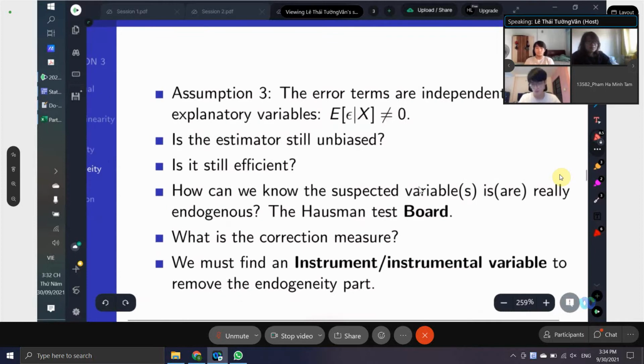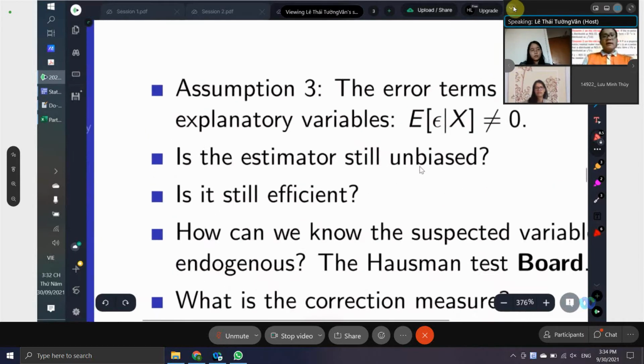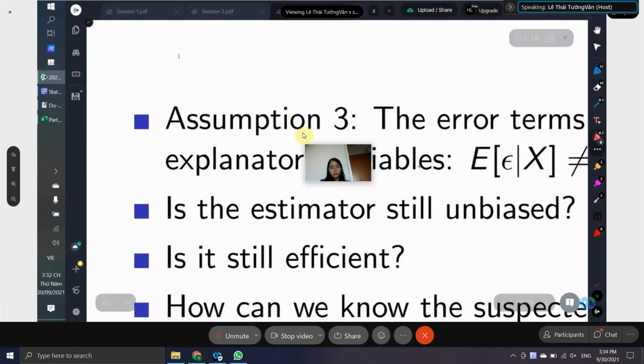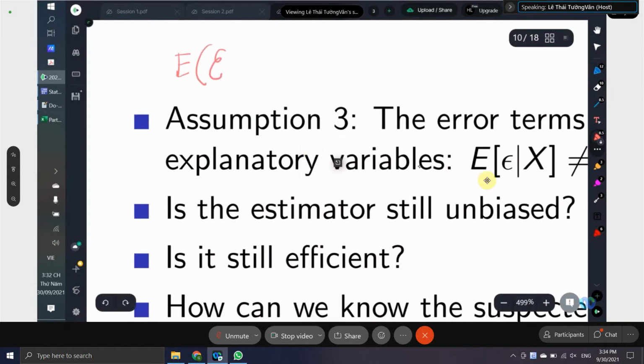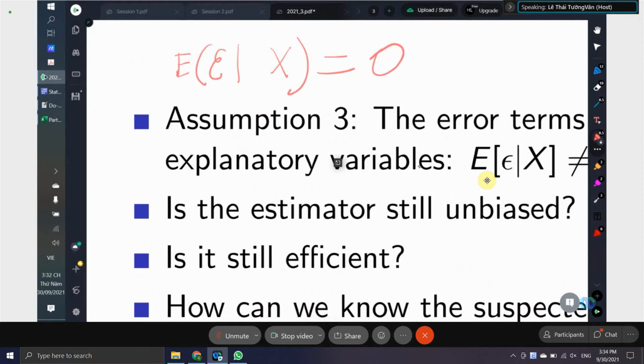Assumption number 3 is about the error term: the expectation of epsilon given X. If you know X, in conditional expectation terms, you do not know anything about the realization of the error term.